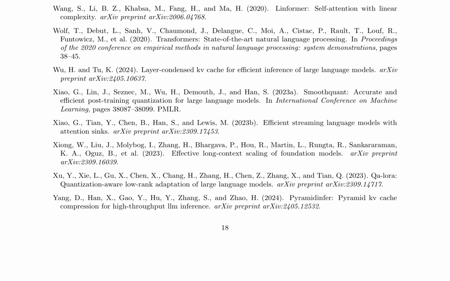It highlights the significance of efficient long-context scaling of foundation models and the potential of quantization-aware low-rank adaptation of LLMs. Overall, the paper provides a comprehensive overview of the current state and future directions of large language models, emphasizing the need for efficient, scalable, and sustainable solutions to tackle the challenges associated with these models.